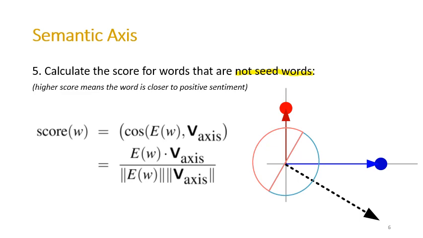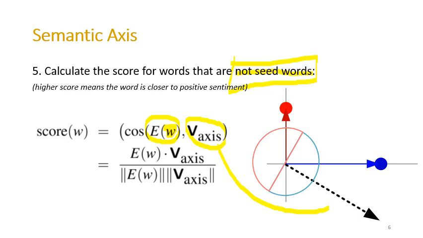So let's say you have the word W. This word W is not a seed word, okay? So you're going to find out, is this word W positive or negative? What you're doing is you compute the cosine similarity between the embedding of the word W and the semantic axis vector, this black dash over here.